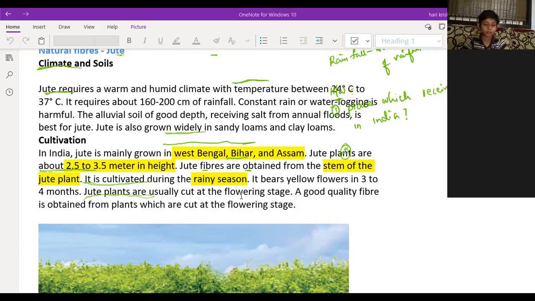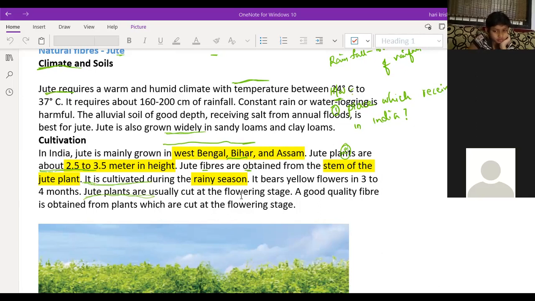What are the two main points of cultivation of jute? What points are there in this paragraph? What about Pragna? She left the meeting. Yes, sir, she left. Okay. What about Deepthi? What are the important points in these two paragraphs?